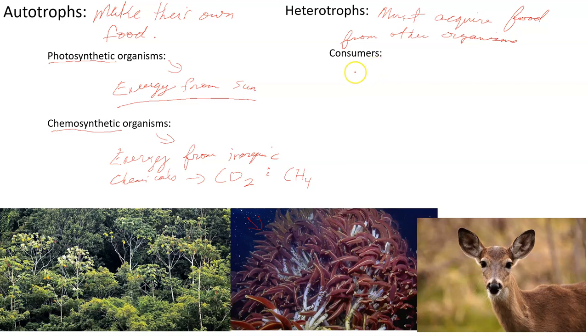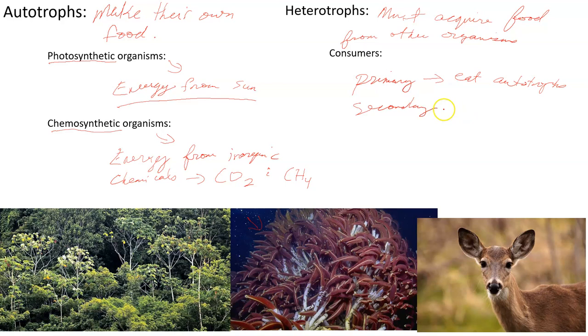So you have different levels of consumers, and we'll talk about these next when we talk about the trophic pyramid. But you have different levels. Primary consumers, these are the ones that eat autotrophs.